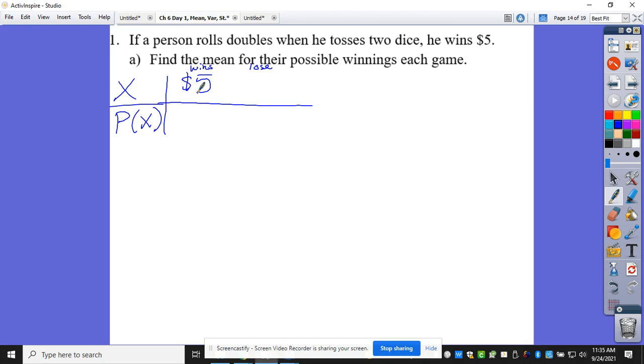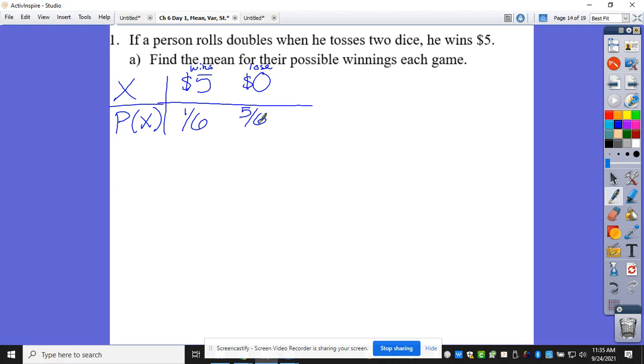What is my probability of winning? If I lose, what do I lose? If I lose, how much do I win? What is my probability of losing? How do I know that? Because it's the complement of this.